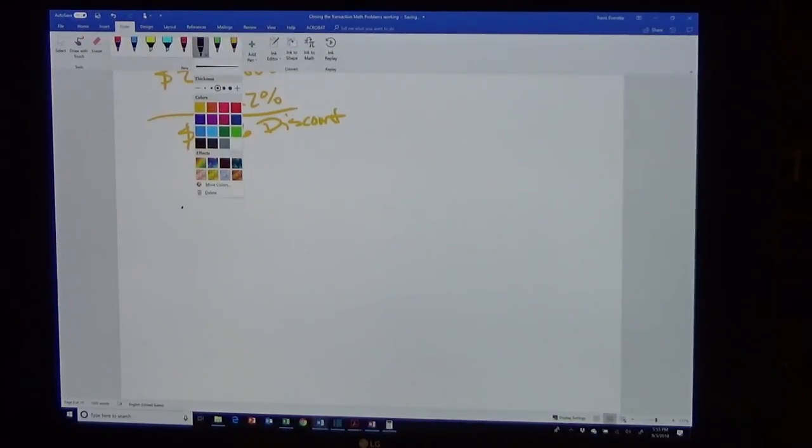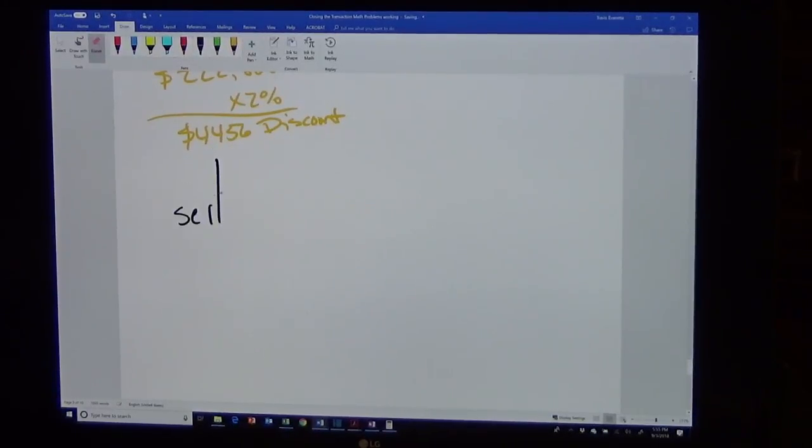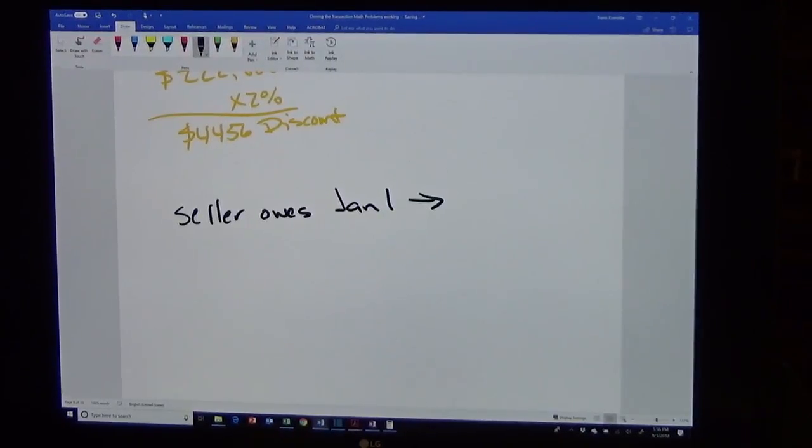The seller owes taxes from January 1 through February 28th.